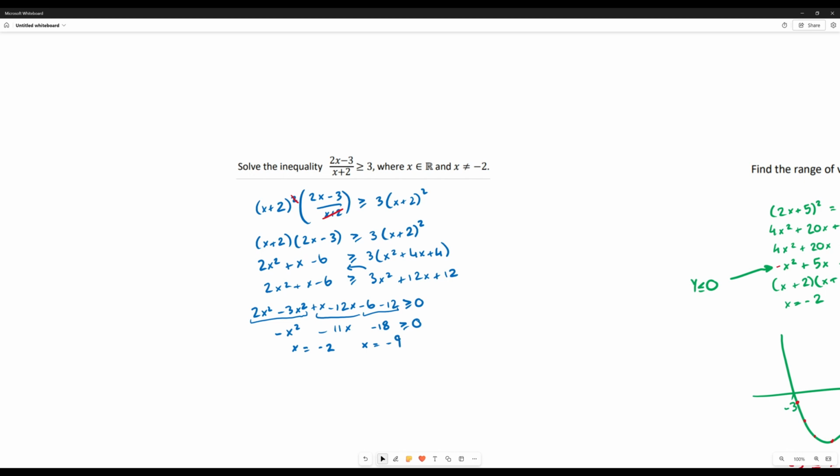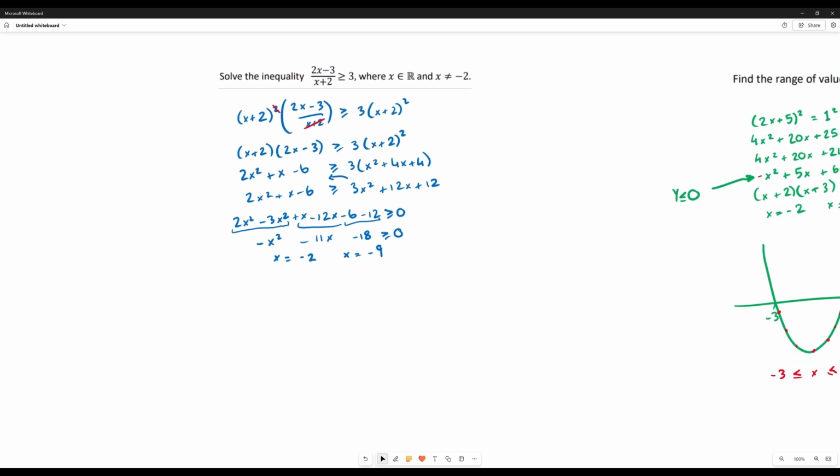Minus 2 and minus 9. Yes, I think that makes sense. And that's what you would get when you do your minus b, hopefully. You can do it and just check, but I'll probably have figured out by the time you get to it if I'd done something wrong.